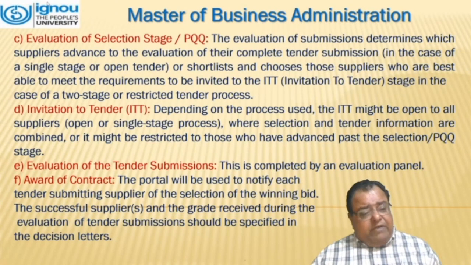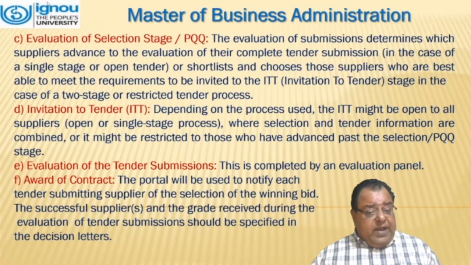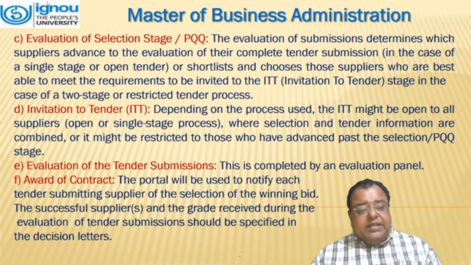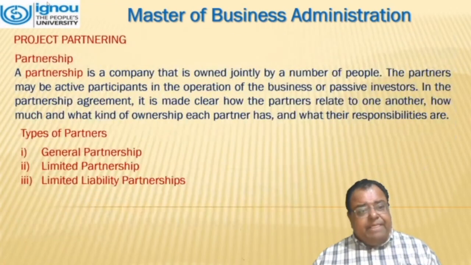And then the last part is award of contract. The portal will be used to notify each tender-submitting supplier of the selection of the winning bid. The successful suppliers and the grade received during the evaluation of tender submissions should be specified in the decision letter.